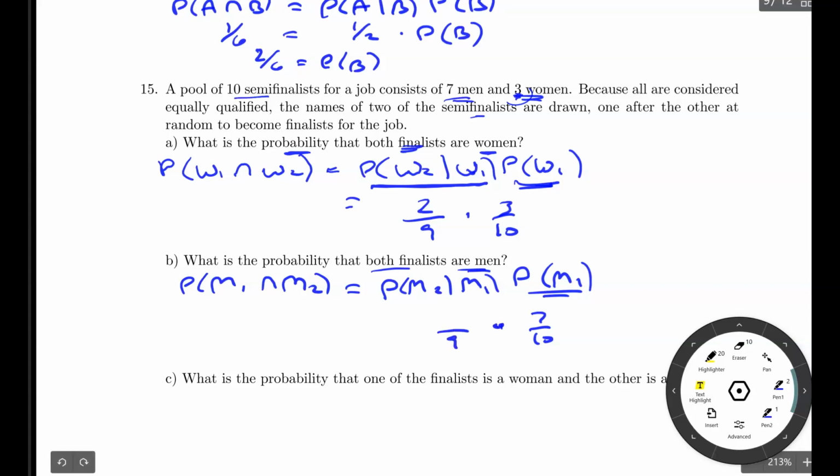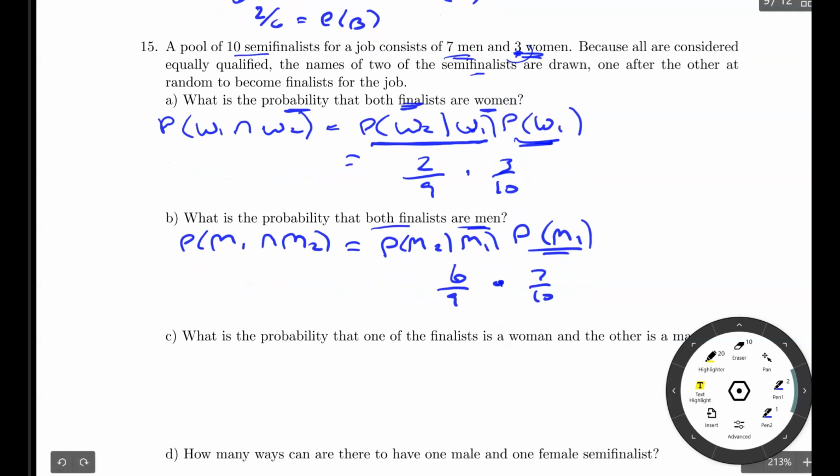So I only have 9 to choose from. Hold on a second. I chose one already. So I'll have 1 less to choose from, so I'll have 6 men to choose from since I've already chosen one of them already.